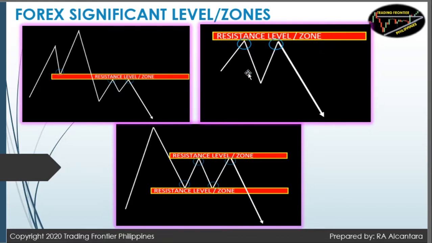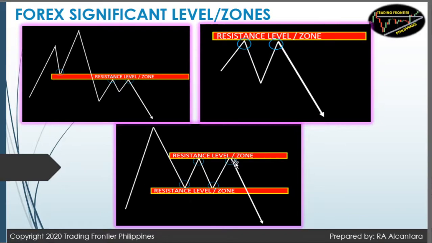So again, in relation to our trend continuation pattern, we can say that initially we have here our resistance level or zone. However, below that is our key support level or zone.